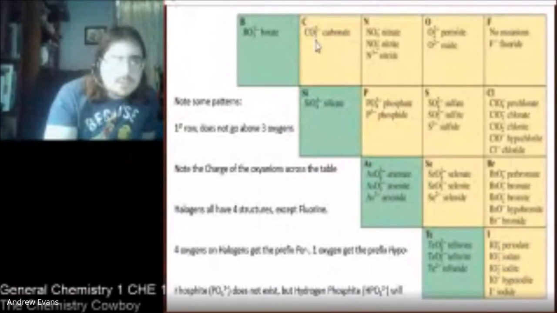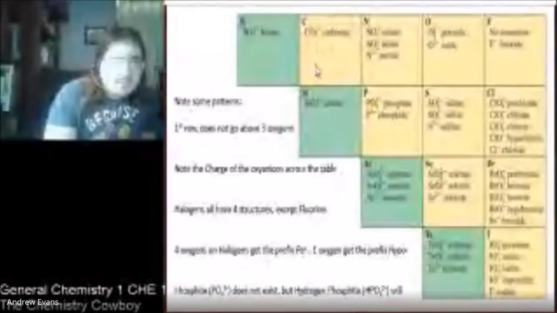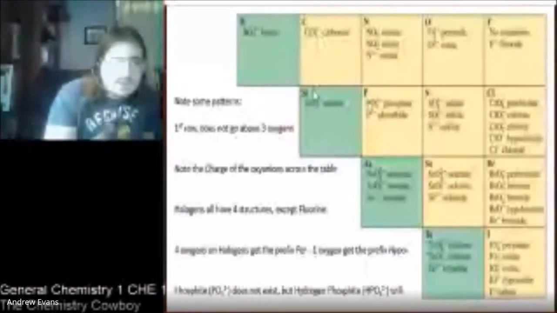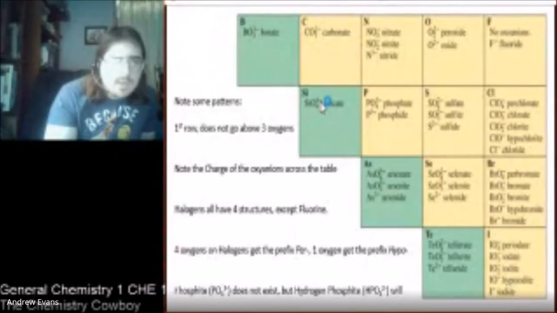Now, if 3 oxygens meant -6, 4 oxygens means -8. So carbon was 4 minus 6, which gave us -2. Silicon, 4 minus 8, would be -4. You see it dropped down by a charge of 2. Phosphorus, group 5, 5 minus 8 is -3, so phosphate.